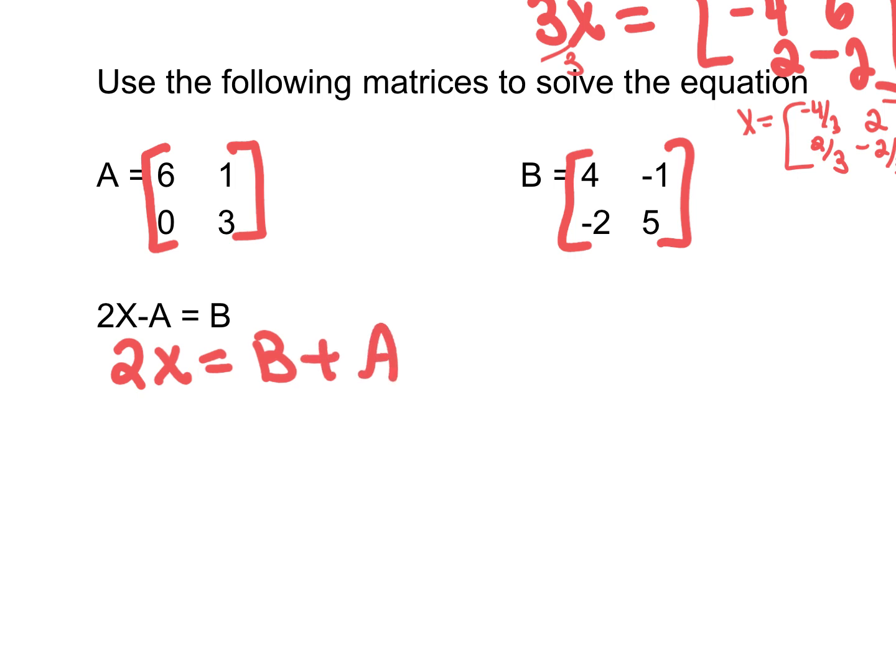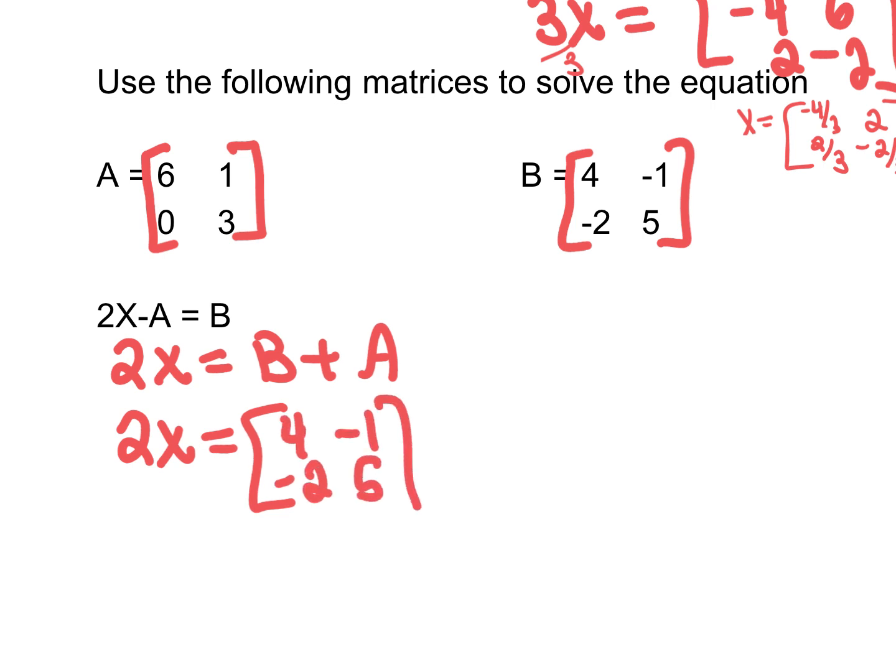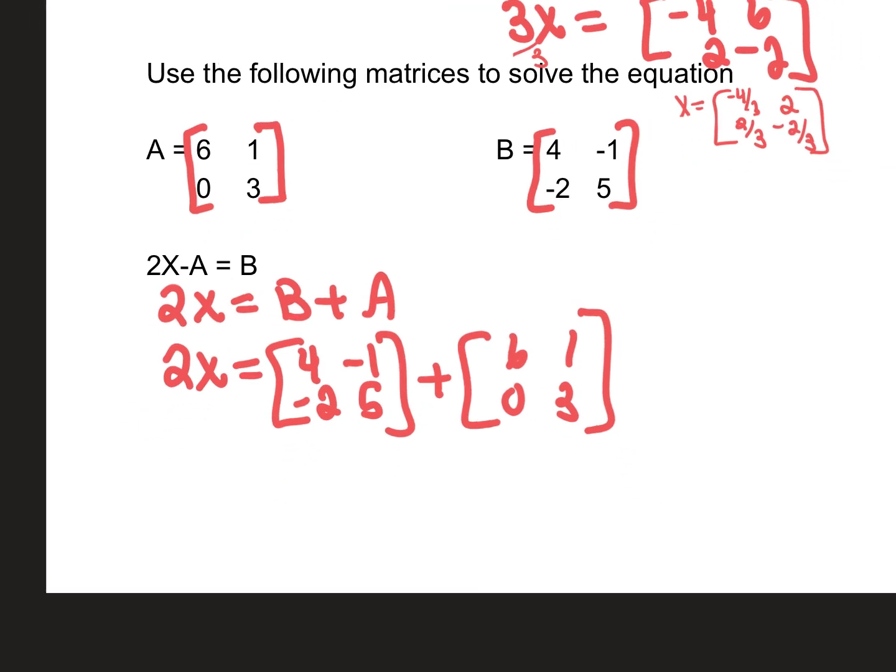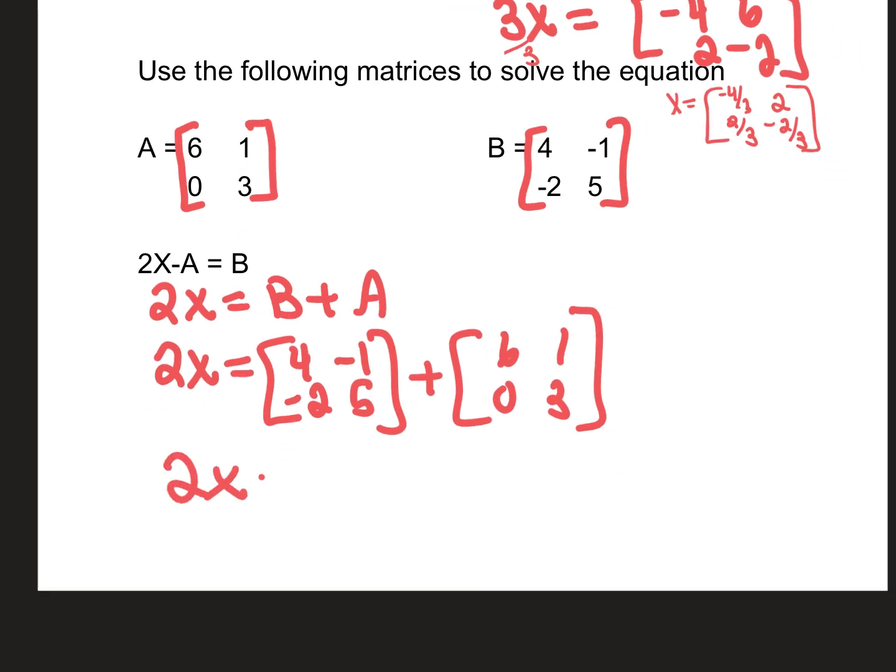So I have 2x equals B plus A. I don't want to divide anything by 2 just yet. So I'm going to do 2x equals B, which is 4, negative 1, negative 2, 5, plus A, which is 6, 1, 0, 3.